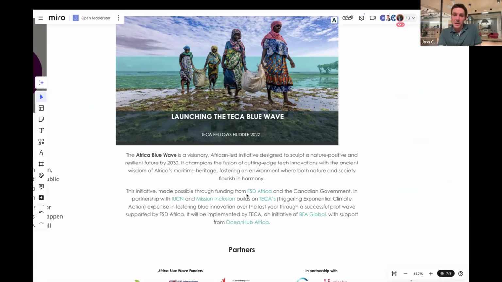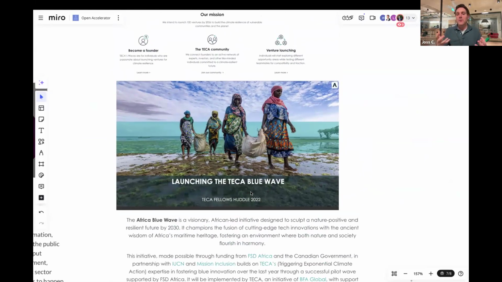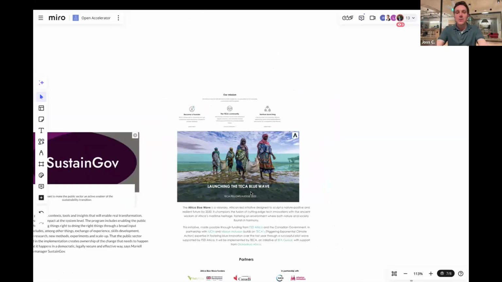And it's supported by BFA Global, but it's trying to create a platform supporting entrepreneurs in these coastal communities to develop responses to climate change, products, services, and responses to the kind of challenges that climate change will bring. That's one we've worked on.